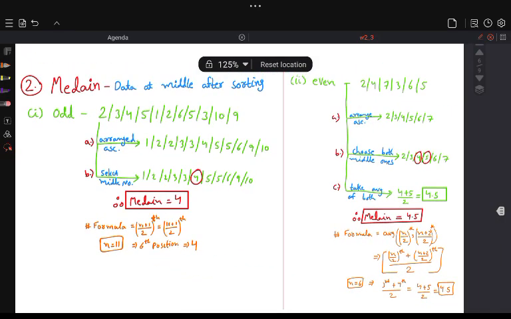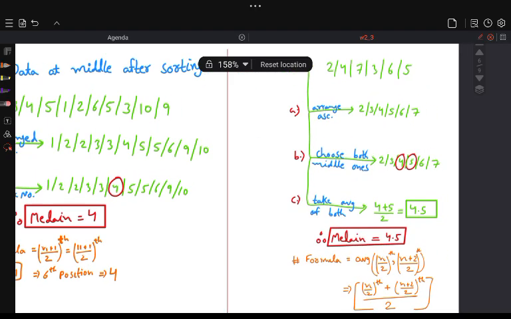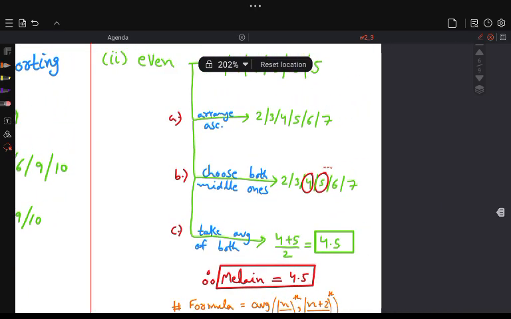The first case was easier as the number of elements was odd, so we can find a single middle one. But in case of even, there are two middle numbers. In that case, we simply take the average of the two, and that average will be our new median.